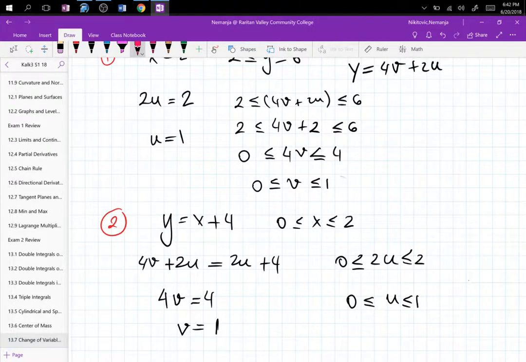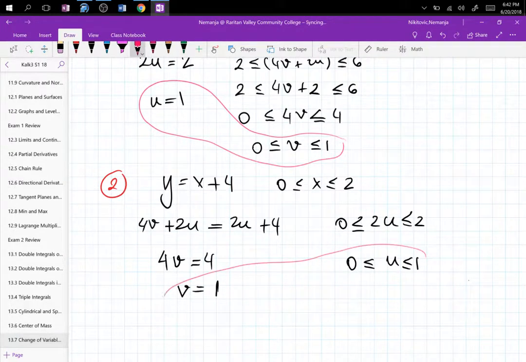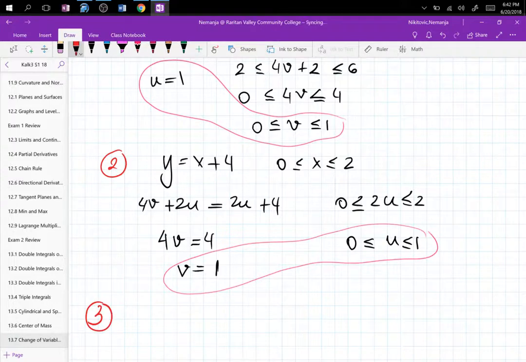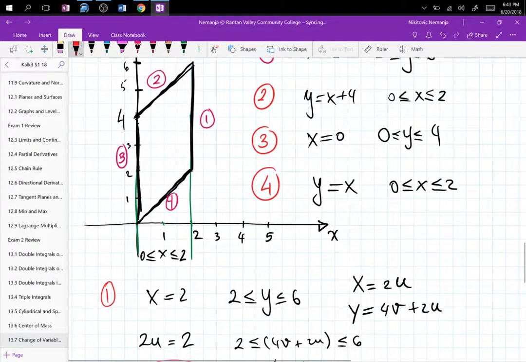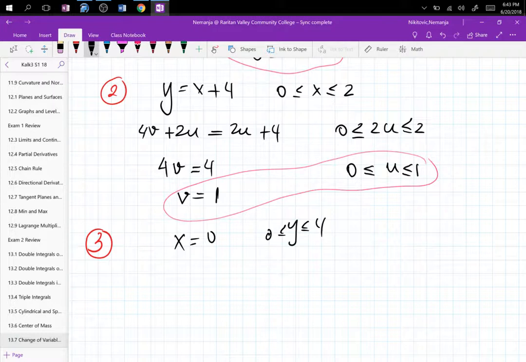Maybe I should be circling these. There you go. All right. Region number 3 is x equals 0 and y is from 0 to 4. X equals 0 and y is trapped between 0 and 4. So we use our transformation where x is equal to 2u.